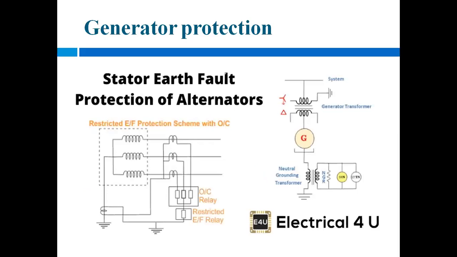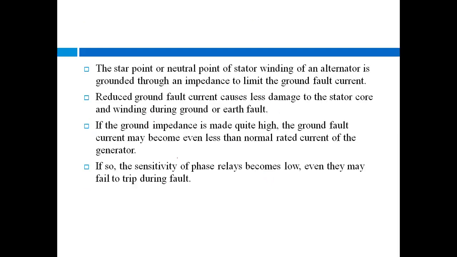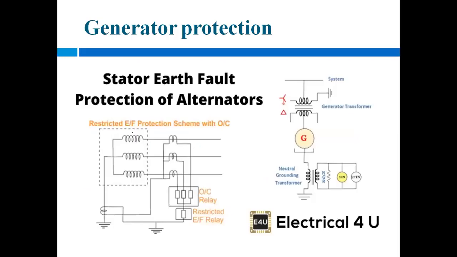Okay, then next point is the generator protection. Here there are again different types of faults occurring, that is the earth fault and phase fault. So this is the general scheme for the earth fault protection. We will see this in detail.